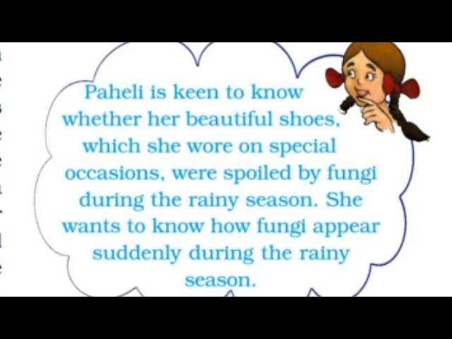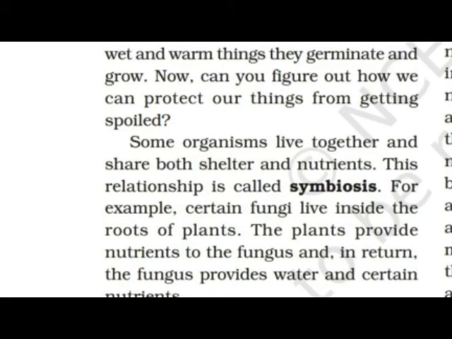After this, as we are on page number 7, we are going to see the organisms which live together and share shelter and nutrients. This is called symbiotic relationship. We have seen some examples. In that we have seen that the plant and the bacteria support each other, and they both help each other for growth and for survival.